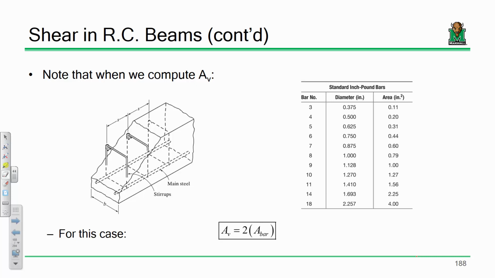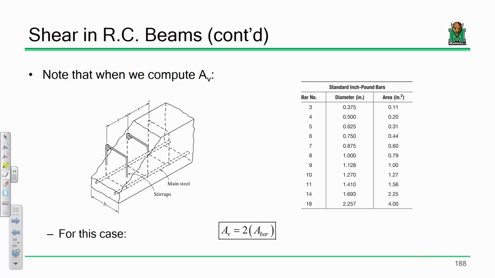If I look at this cracked region, how many bars would I be cutting through in a given stirrup across a shear crack? I'd be cutting through 2. So when I'm trying to compute Av, it's not the area of a bar, it's 2 times the area of a bar. A very common stirrup size is a number 3.